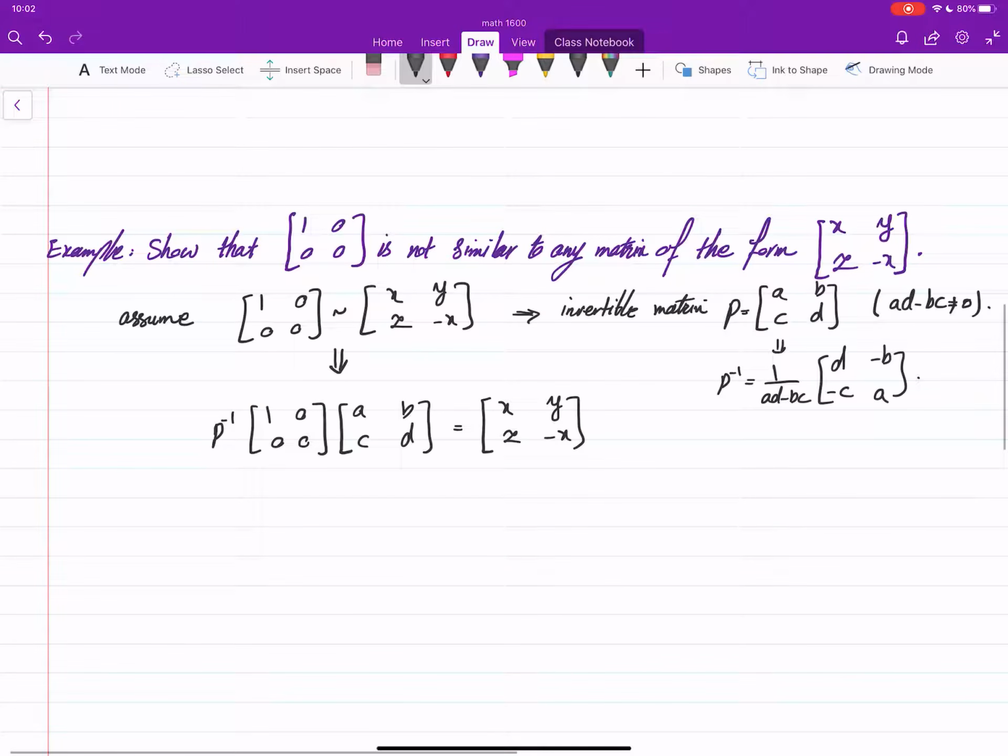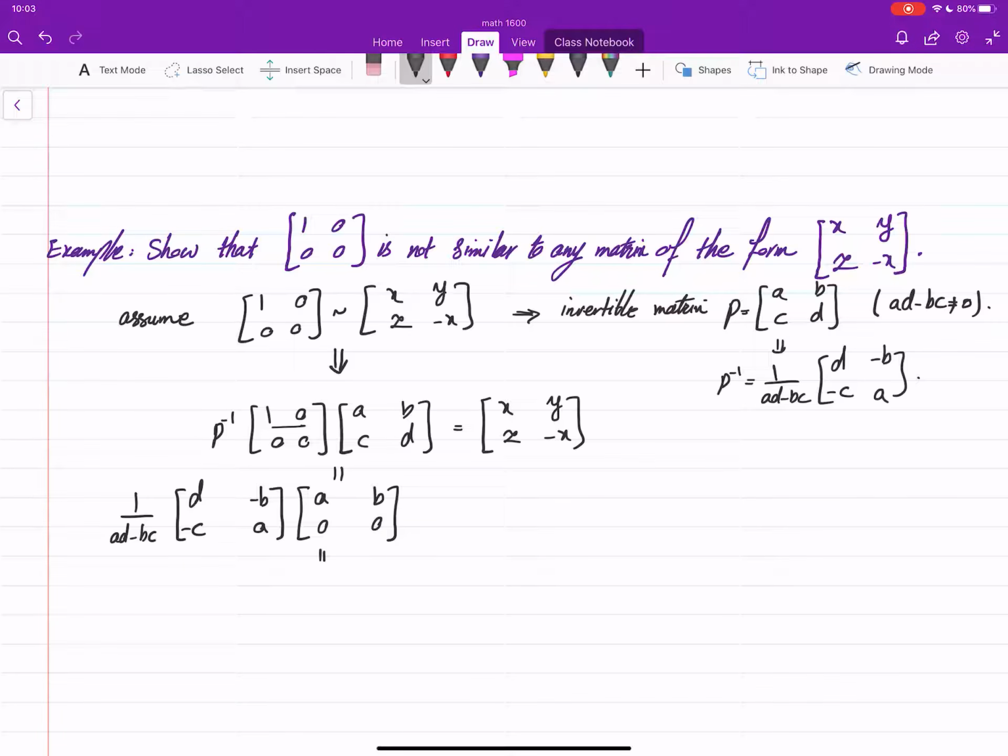Let's do the computation for the left-hand side first. So 1, 0, 0, 0 times P will give us A, B, then 0, 0. And P inverse is 1 over AD minus BC times D, -B, -C, A.